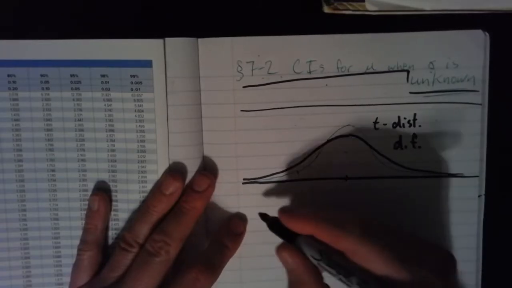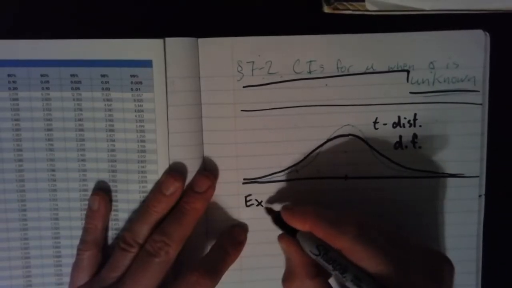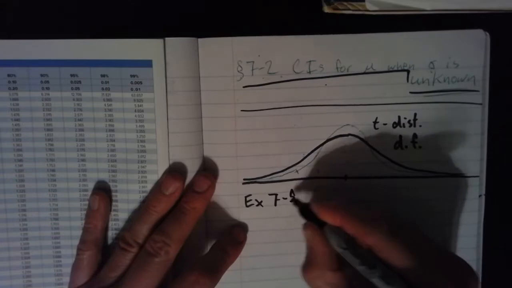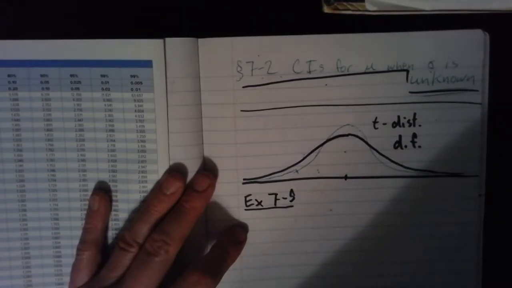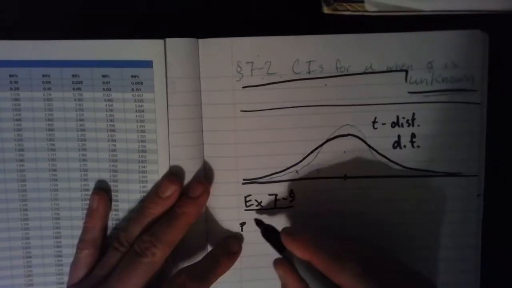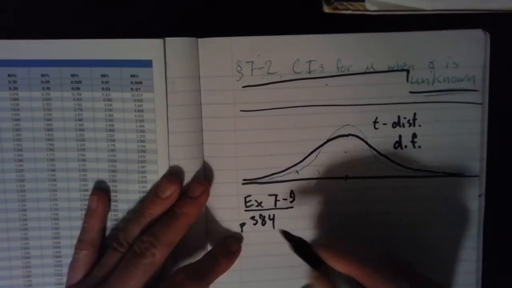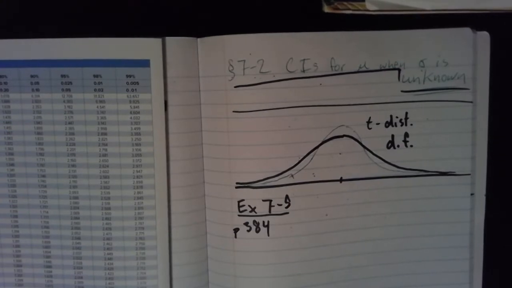So we're going to look at example 7-5, on page 384. In this one it says to find the t subscript alpha over 2 value for a 95% confidence interval when the sample size is 22.